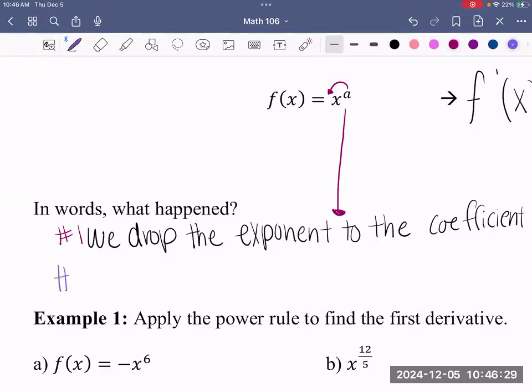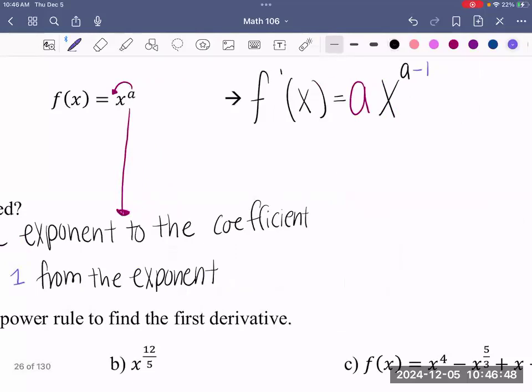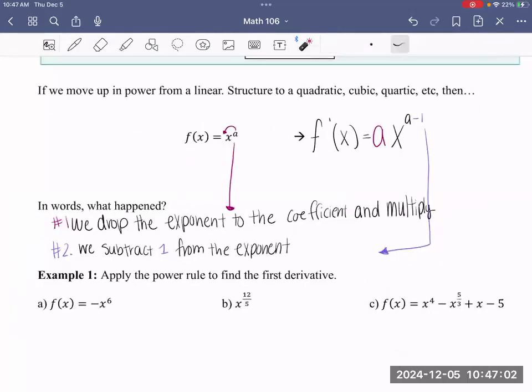Step number 2, we subtract 1 from the exponent, which would be right here. When I say multiply, if you already have a coefficient, we multiply a by the other coefficient.